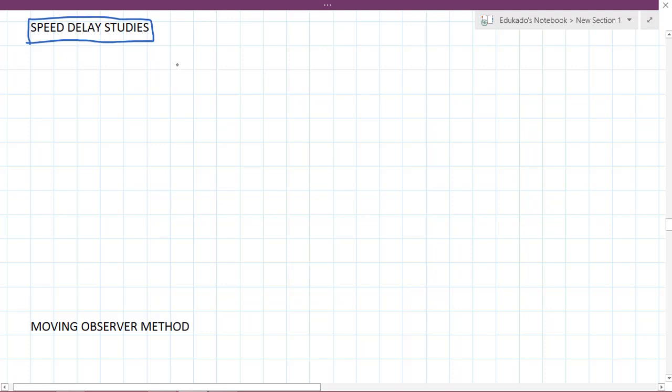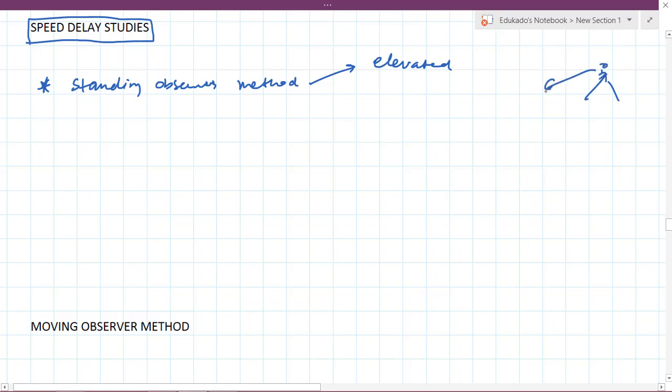Point-to-point observation is one of the methods, which I can call the standing observer method. He's just standing there looking at it, and you can even make it elevated. You can go to some higher ground and watch the road passing by and see the speed of the vehicles, and do whatever study he wants to calculate.